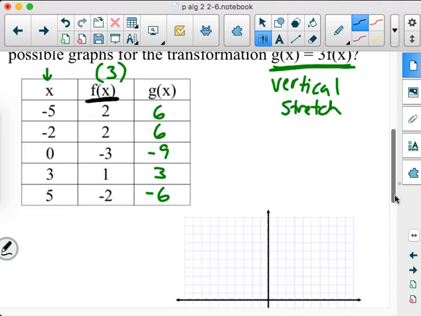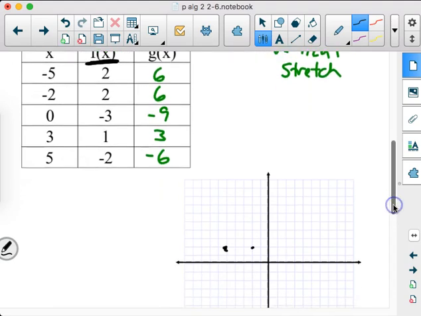So how I graph that is just by graphing (-5, 2), (-2, 2), (0, -3), (3, 1), (5, -2).